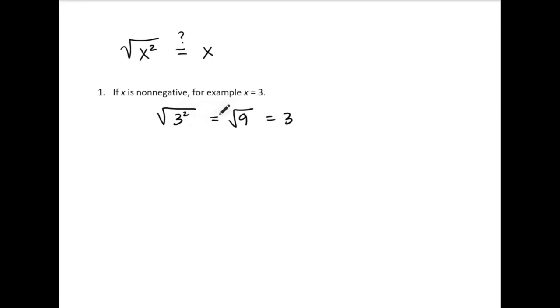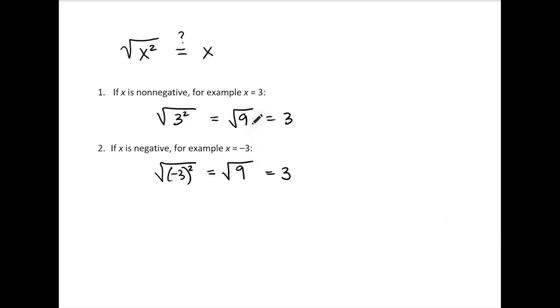Now let's look at what happens if we plug in a negative value of x. This time, let's plug x equals negative 3 into this expression. That gives us the square root of negative 3 squared, and negative 3 squared is negative 3 times negative 3, which is also equal to positive 9.